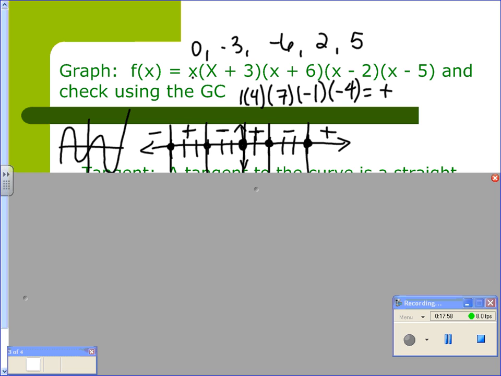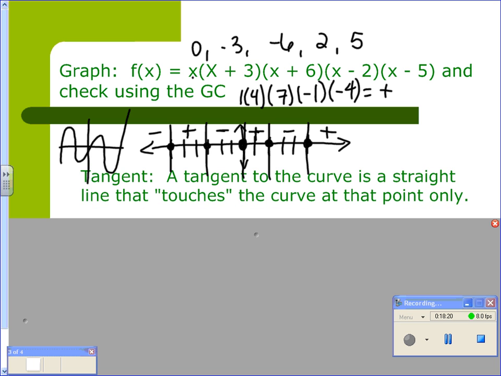I'll have to look up what that says. I don't know what invalid dimension means. Anyway, other than Mallory, any questions on the graphing calculator? I'll have to figure out what's wrong with that one. Okay. All right.